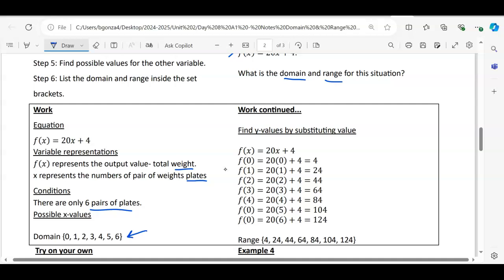That's the domain. And now that I have a domain, I can do it like our warm-up today. Plug in the domain into the equation, and you'll end up with a range. Domain is independent x. Range is dependent y. Okay? Stay with me. One more example.